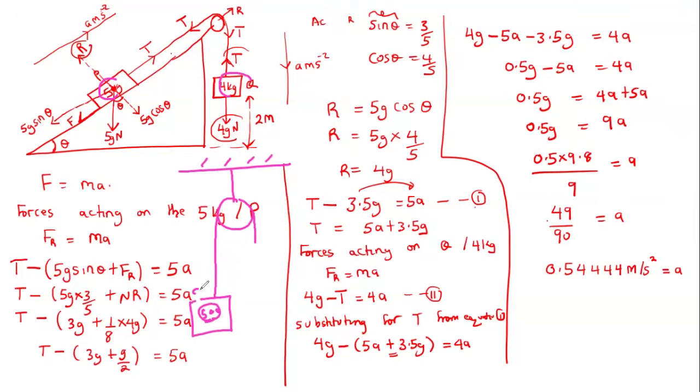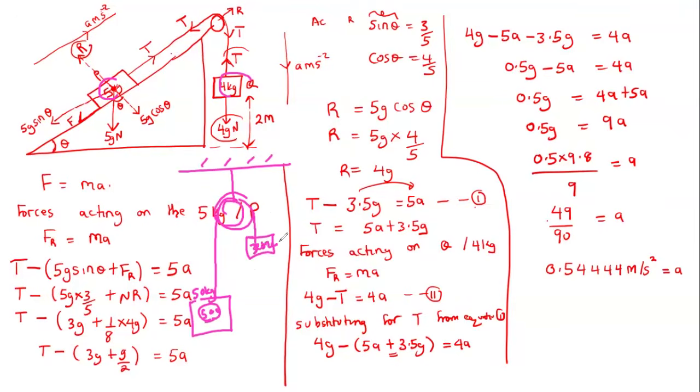Let me say someone can pull a 50 kilogram body when the person is, let me say, a 30 kilogram person. He can pull it. Why? Because when you are using a pulley, you use less effort. So it does not mean that a 50 kilogram body will always pull a 30 kilogram body.